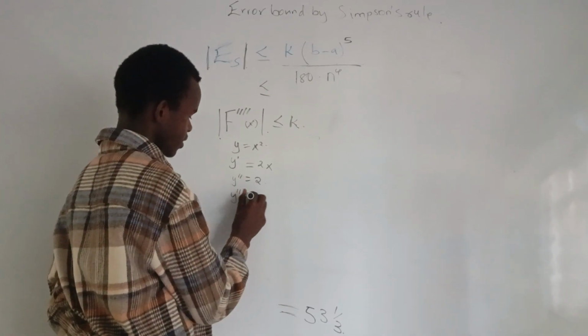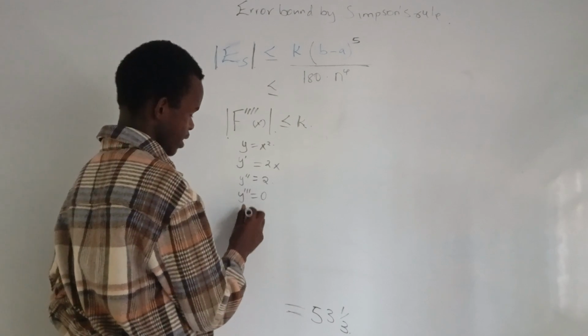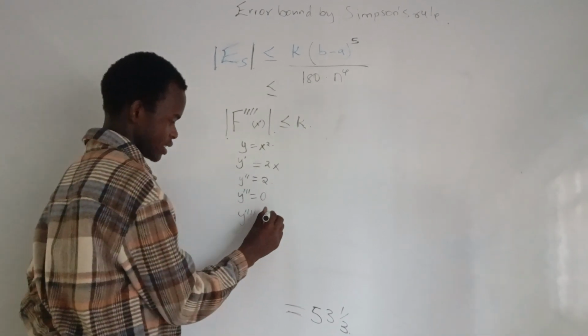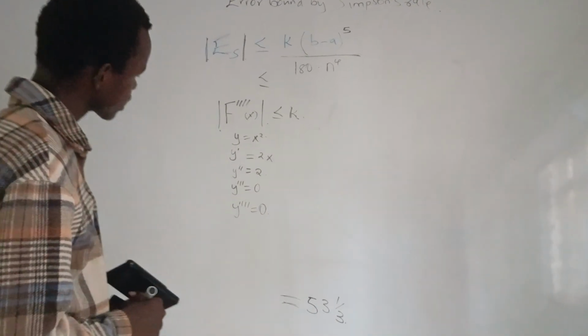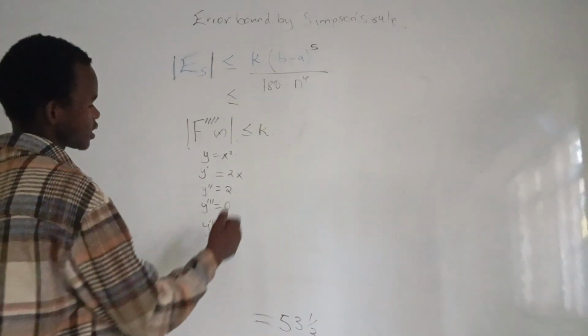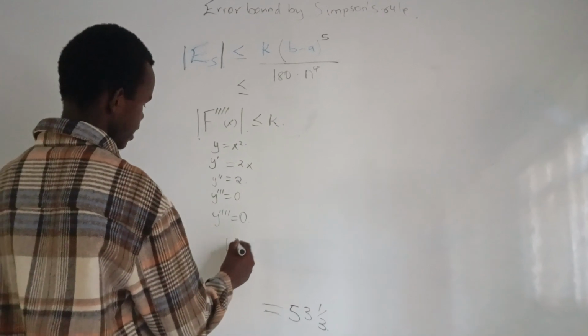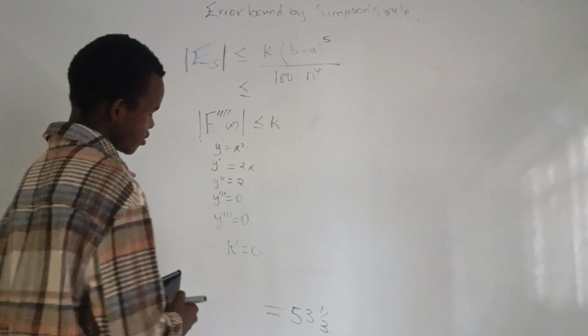Our third derivative will be just 0. Our fourth derivative will be 0 again. Interesting. So my value of k will be just 0. That's my value of k.